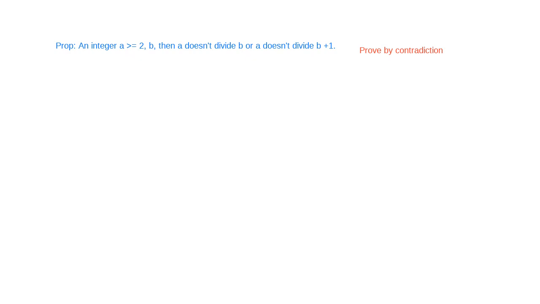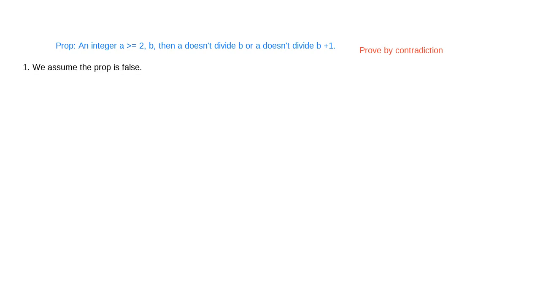First step, we want to negate this proposition. It's difficult to prove by direct proof, right? Because there are infinitely many integers. There are infinitely many B's, there are infinitely many A's. So we want to prove by contradiction. How do we do it? We assume the proposition is false.